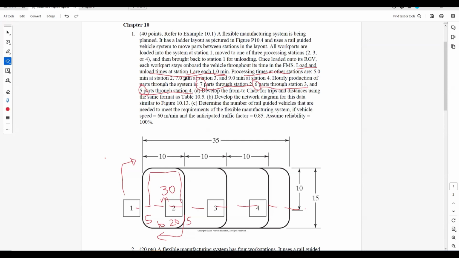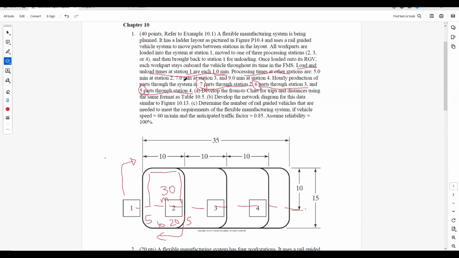And the total processing time, we add all 3. 7 times 6 is 42, which makes 77 in total, plus 9 times 5 is 45. So 77 plus 45 is 122. So the total is 122 minutes for all the stations and all parts.